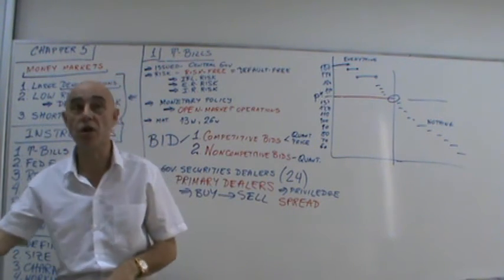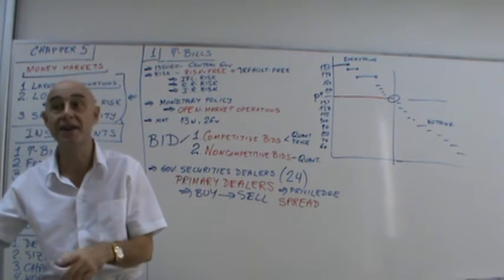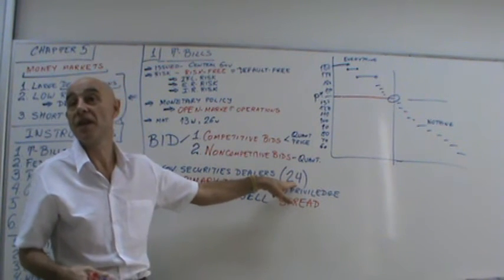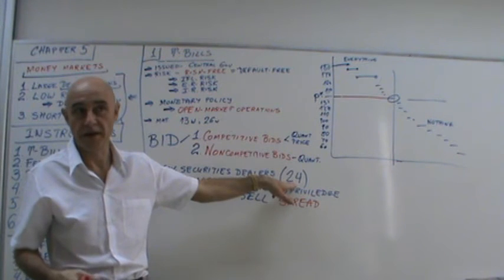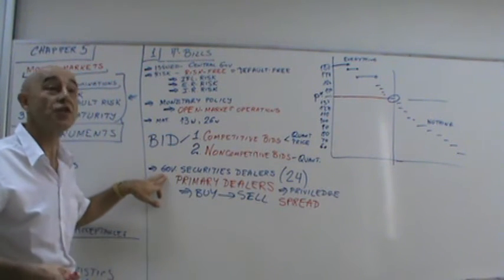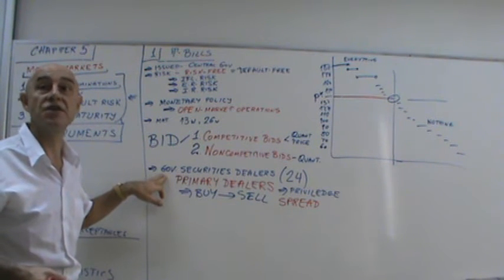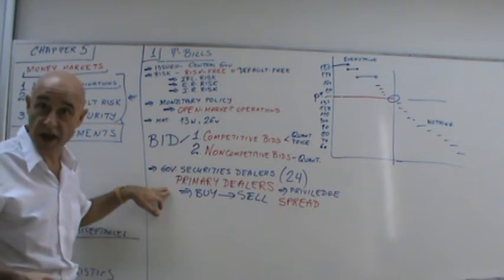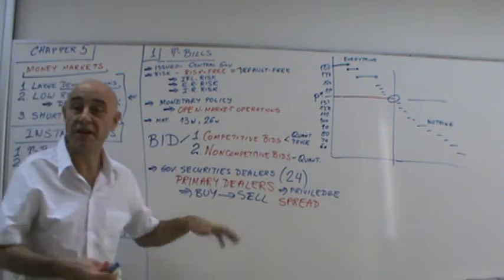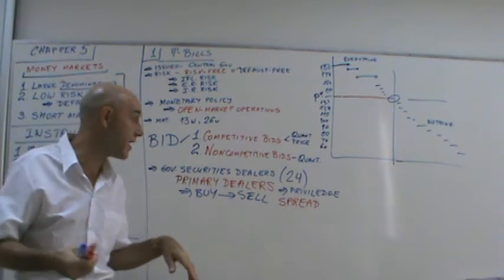If you're a smaller bank or mutual fund or anybody else, you'll have to buy from them only, okay? So, these are the primary dealers. They're the only ones who can buy from the government and then they resell to everybody else.